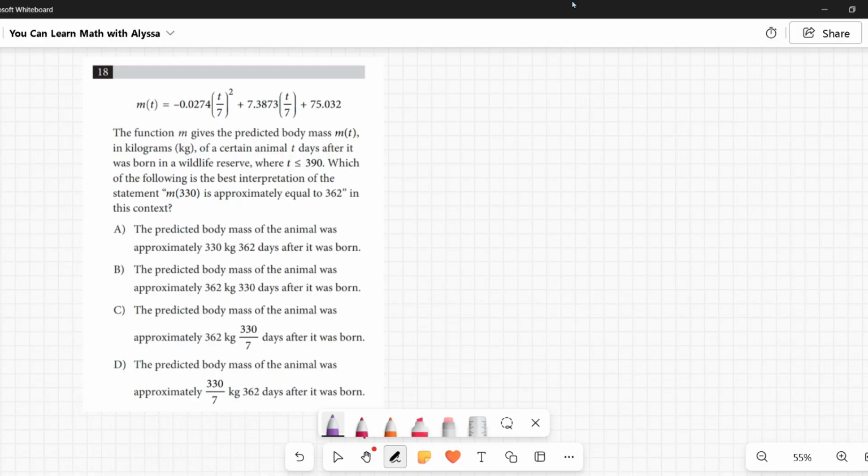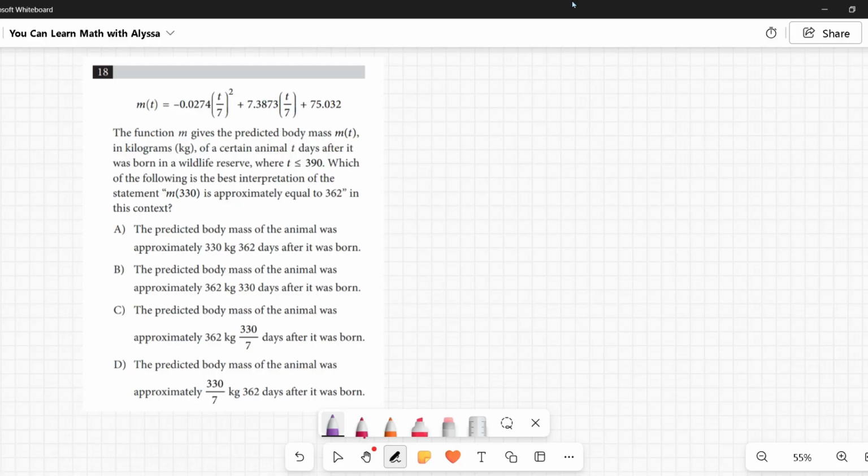Which of the following is the best interpretation of the statement m of 330 is approximately equal to 362 in this context? There is a lot of frills and jazz hands going on with this problem, but at its core, it's a very straightforward question that does not require you to do any math. Even though you have this fancy equation up here, you will not have to do any math. It's just testing: can you read this verbiage and tell what a function's purpose is?